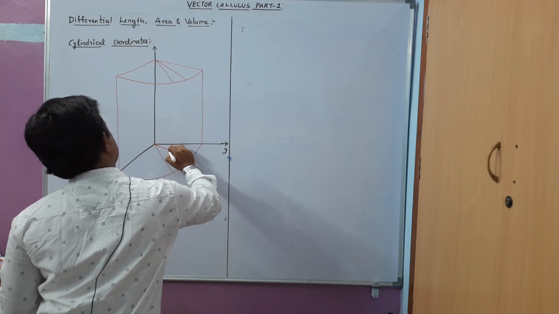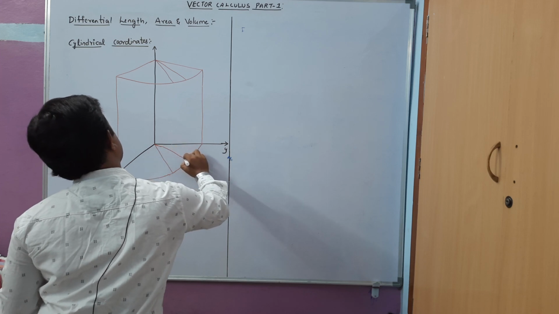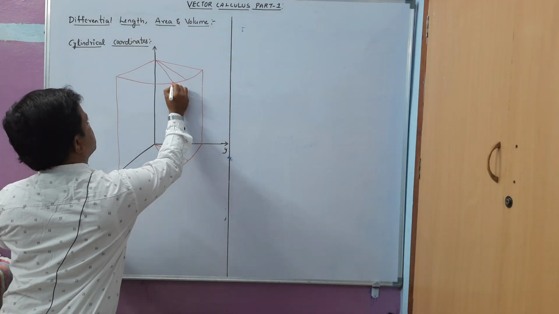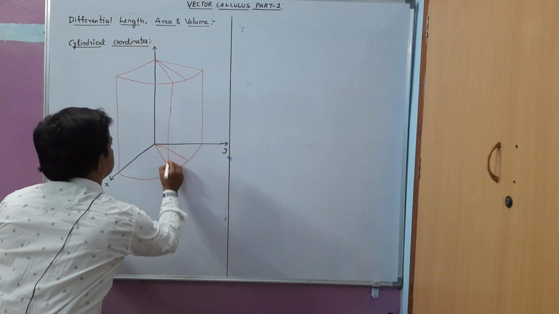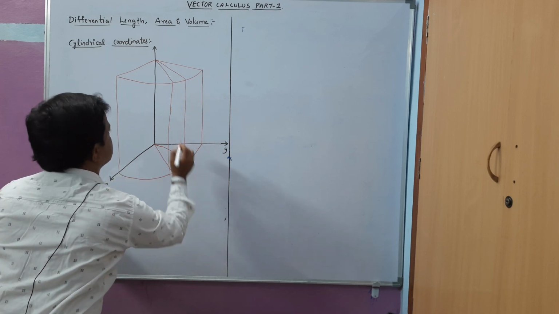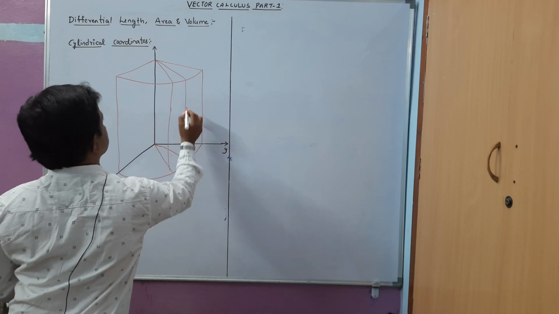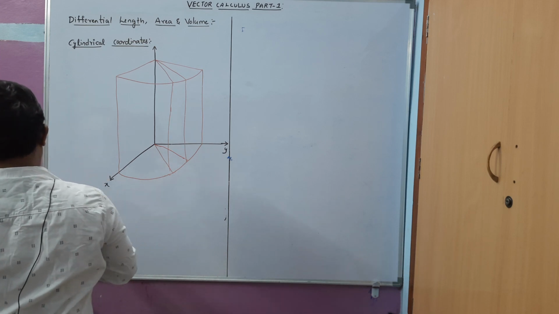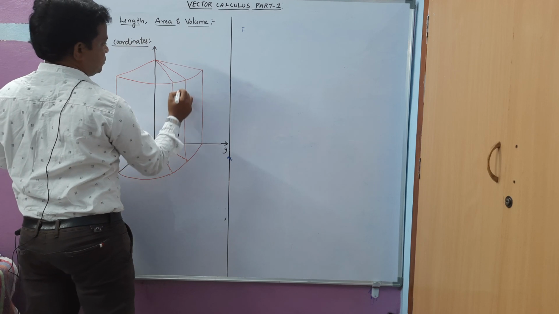Whatever you are drawing here, it should be a parallel line from above and below. It should be a straight line. Hope it is a straight line here. Right. Now I will draw this with another color so that it looks somewhat good.